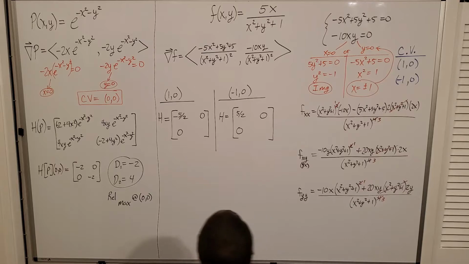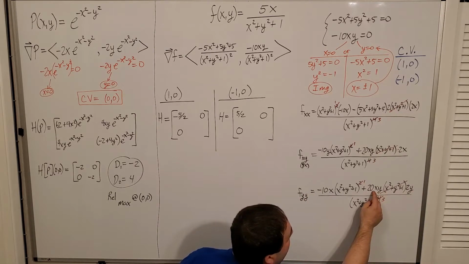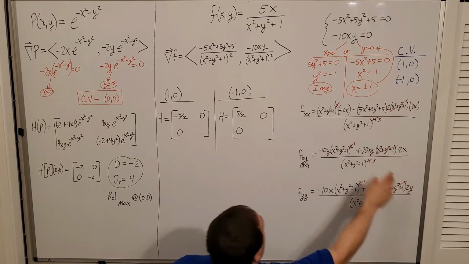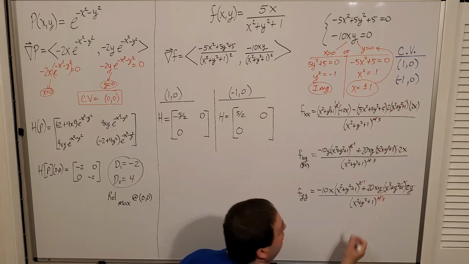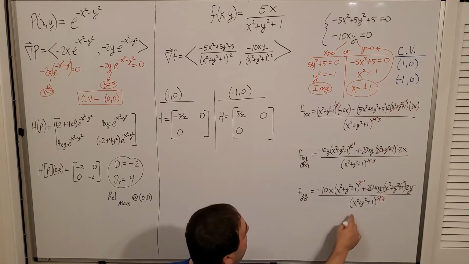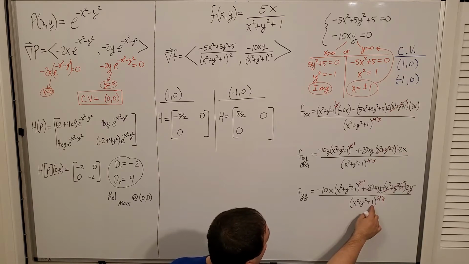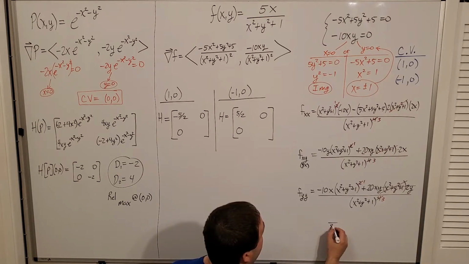I'm plugging in (1, 0). Notice this is multiplication by y. That's going to go away for both of them. So this whole piece right here is not going to contribute to these particular points. My denominator is the same as it always has been. I'm getting 1 plus 1 for both of those two. Both of my denominators are going to be 8.